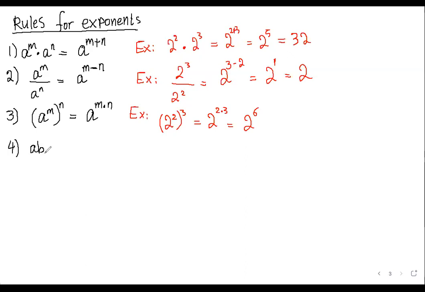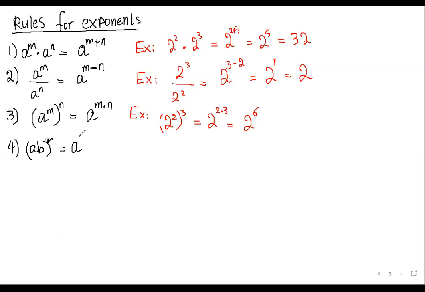Here, if I have different bases, a times b, and all of this to the power n, we distribute the exponent inside the parentheses.